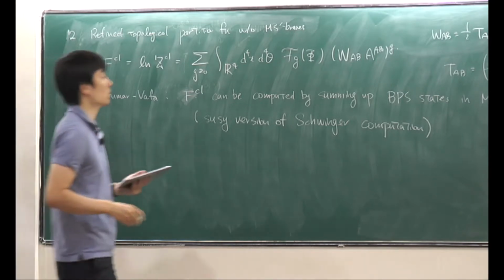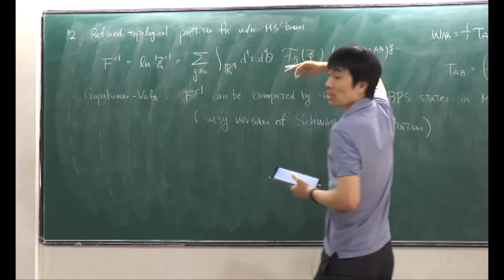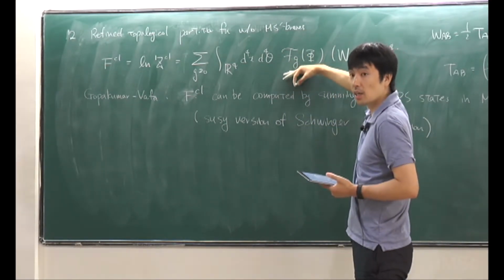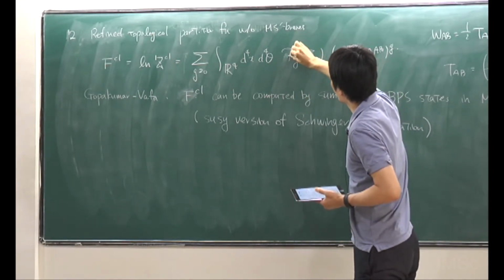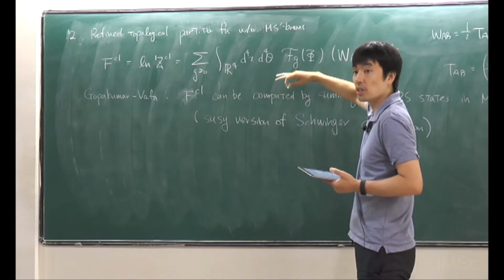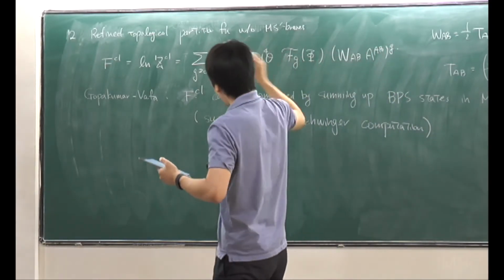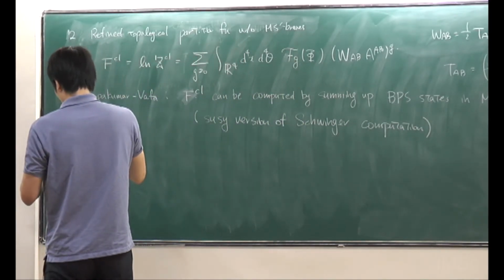If you use string perturbation theory, one has to evaluate this F_g for each genus, whereas Gopakumar and Vafa mentioned that one can do the whole thing if you uplift to M-theory. That's what I'm going to explain.